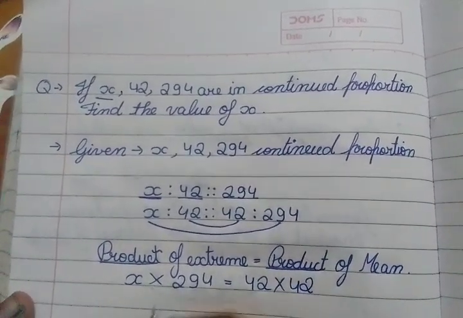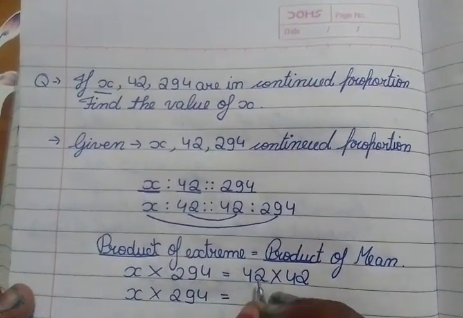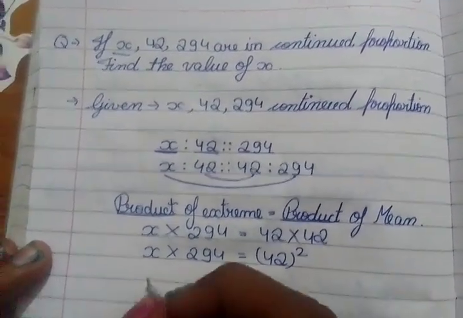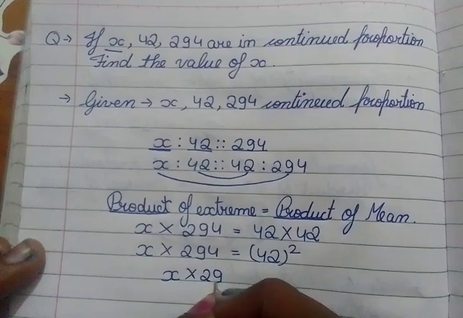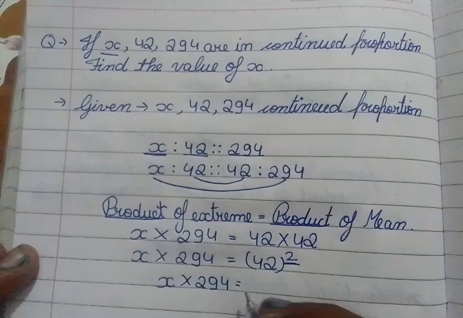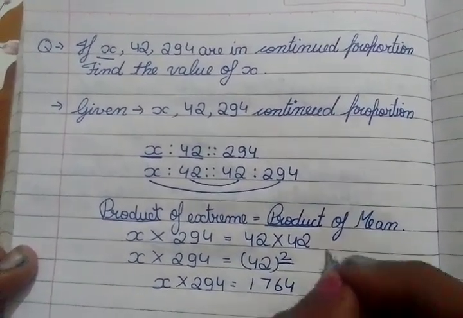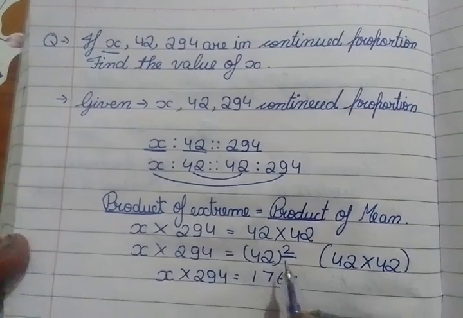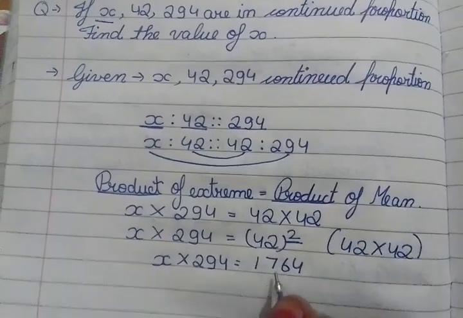So X into 294 stays the same, and 42 into 42 means 42 square. 42 is having a square, so we multiply that same number by that number only. So 42 into 42, the answer will be 1764.